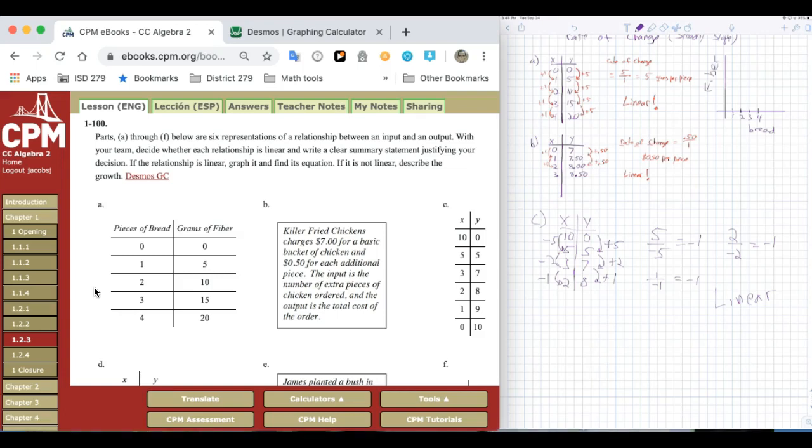Sorry, my Apple Pencil went dead, so I'm having to use something different, which is why my handwriting isn't ideal. We're going to count by 5s. That makes it fairly easy because we've got 0, 0, 1, 5, 2, 10, and we've got a nice line right here that we can graph.